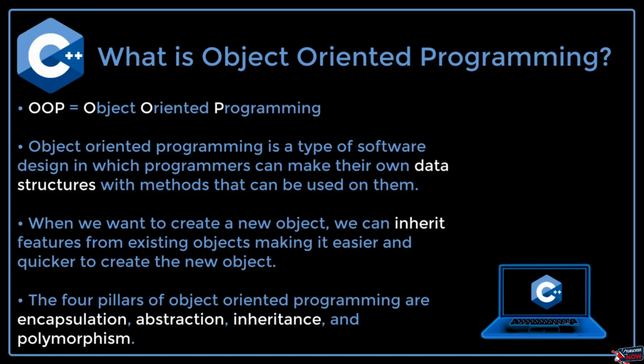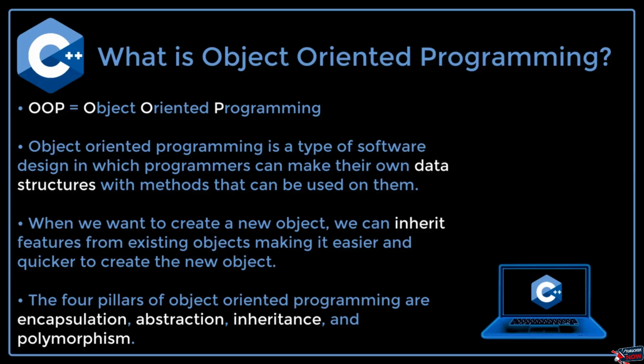There are several advantages to object-oriented programming over procedural programming. One big advantage of object-oriented programming is when we want to create a new object, we can inherit features from existing objects, making it easier and quicker to create the new object. Object-oriented programming languages are high-level languages that are based on the object-oriented model.